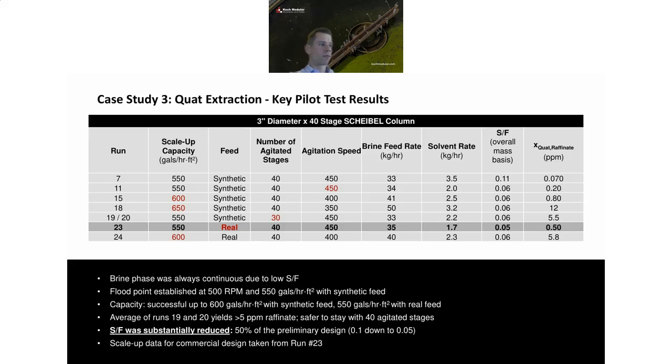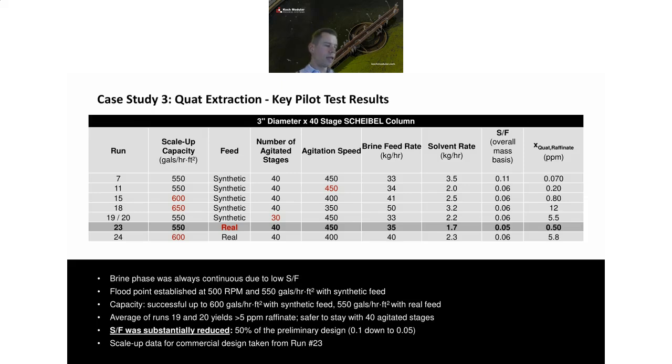And then when we pushed it up to 650 gallons per hour per foot squared, we no longer made our raffinate spec. So we found the limit in terms of the operating capacity of the column. We then tried reducing the number of agitated stages down to 30 to save some CapEx on the commercial column. There we weren't successful. We no longer hit our raffinate spec.